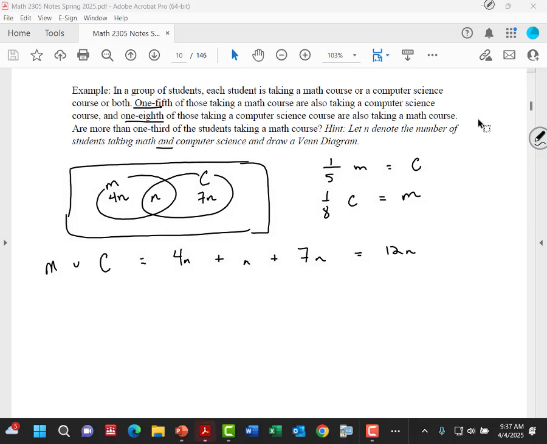Okay? So if I take a look at the proportion of math, that is simply 5n over 12n. That 5n is the 4n plus the n, which reduces down to 5/12. So 5/12 of the students take math.